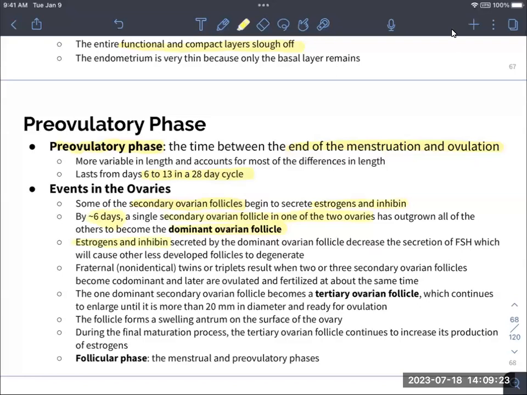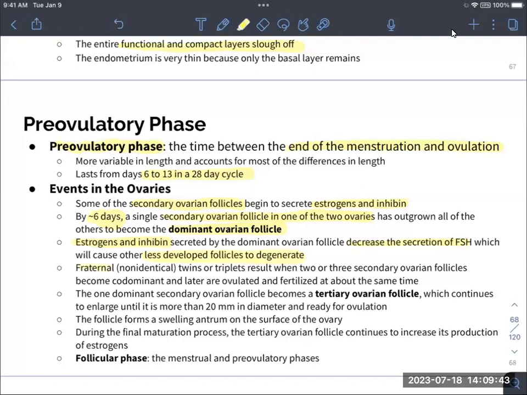Estrogens and inhibin get secreted out by this dominant ovarian follicle that will cause a decrease in that follicle stimulating hormone, so that these other follicles, the ones that did not grow enough, start to degenerate.